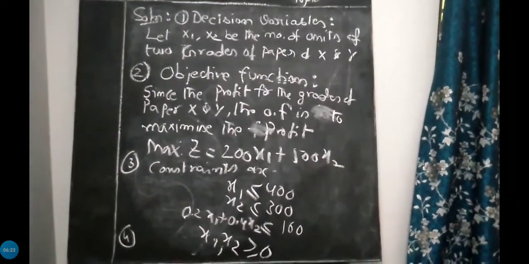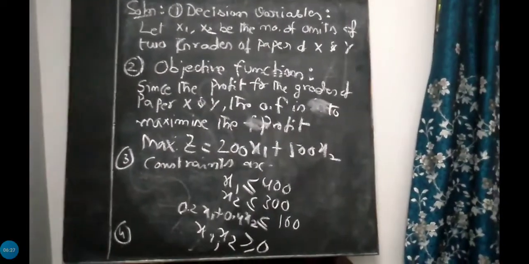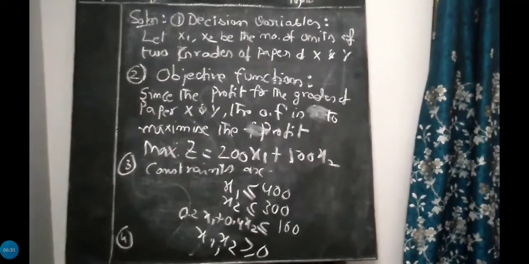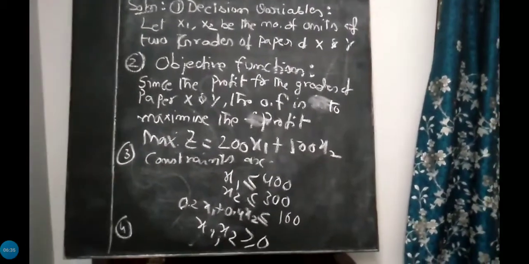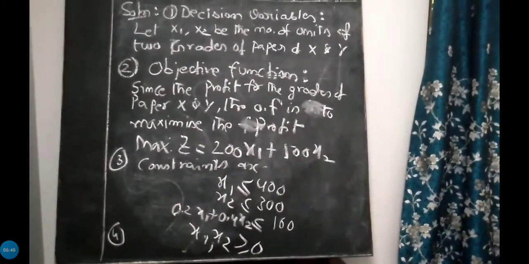For the graphical method, the variables must be only two. If we have two variables, we use the graphical method. If we have more than two variables, we solve the above problem using the simplex method only.